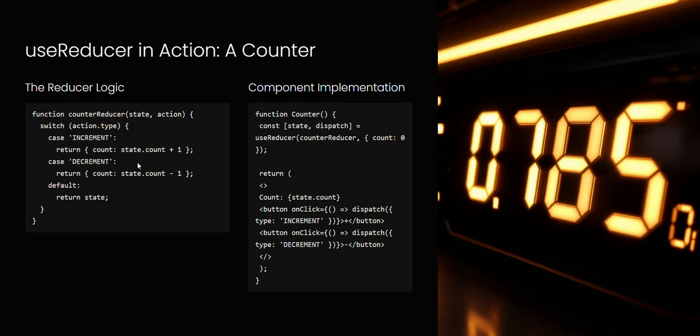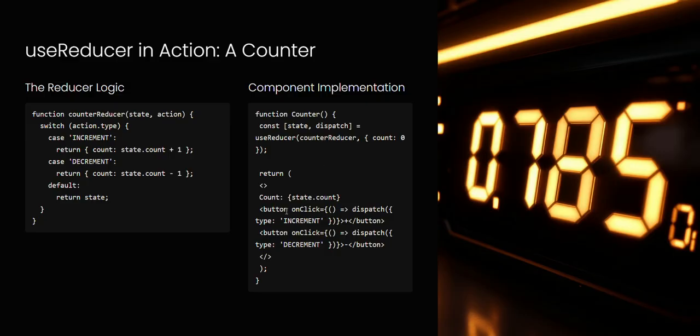It uses a standard switch statement to handle the action type. Notice that for both increment and decrement, the reducer returns an immutable new state object. On the right, our component calls useReducer to get the current state and the dispatch function. The component is now simplified.